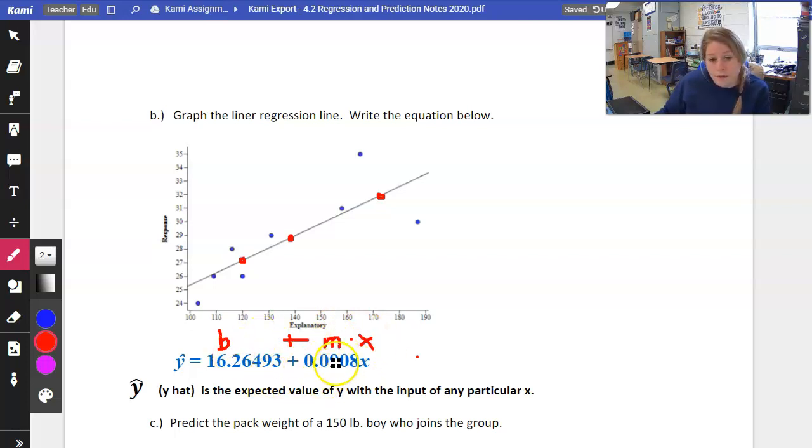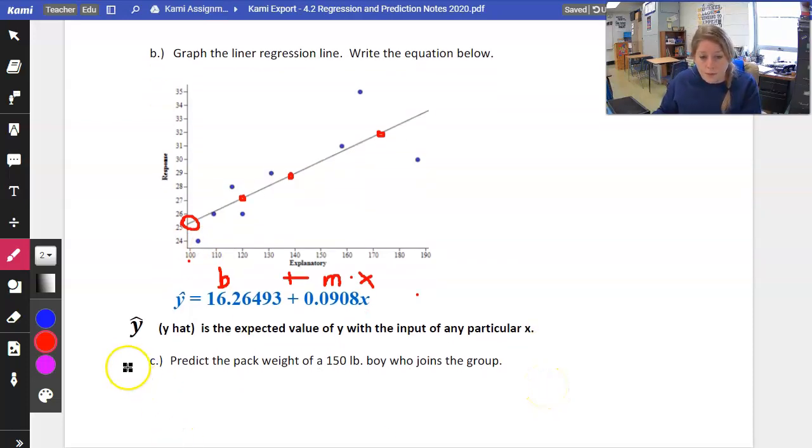So we have a very slight positive slope, and we have an intercept of about 16. So why doesn't this look like it's 16 right here? Because this is not at 0. If we extended the graph down all the way to 0, it would cross at 16. So that is what your regression equation is going to tell you.